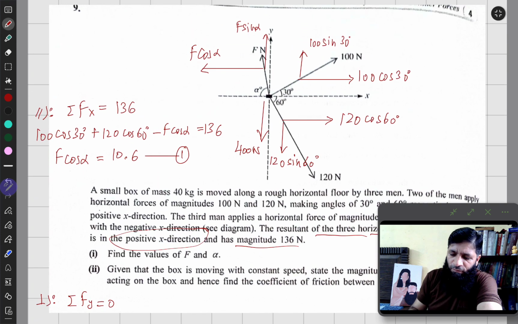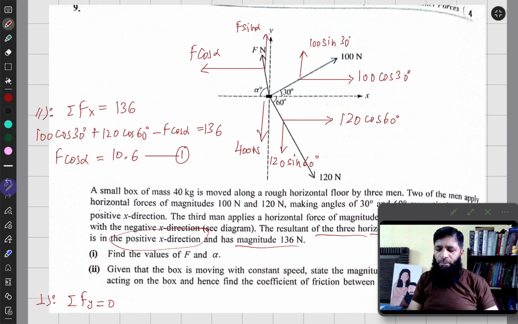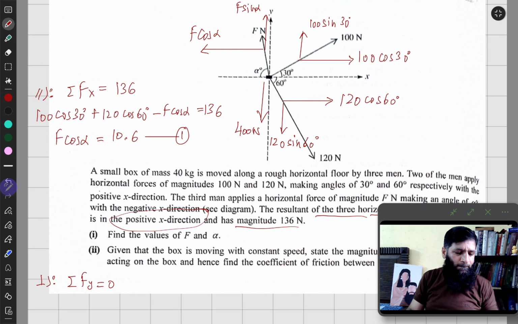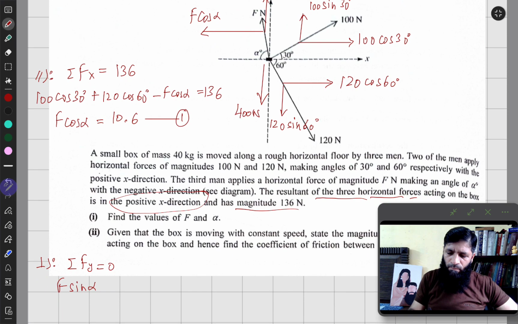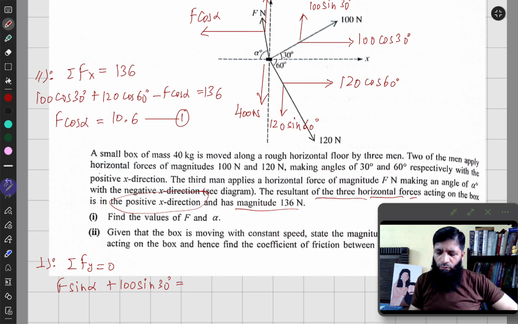So you can have an equation F sin alpha plus 100 sin 30 that will be equal to 120 sin 60.